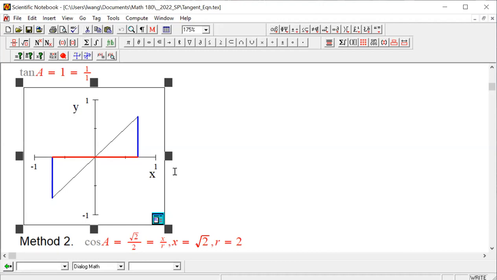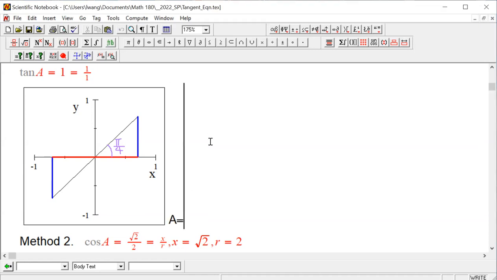If you draw such a picture, it's pretty obvious to your reader, and you will also like to mark this piece as pi over 4, right? So from the definition, we get to this picture, and then you just write up your solution.